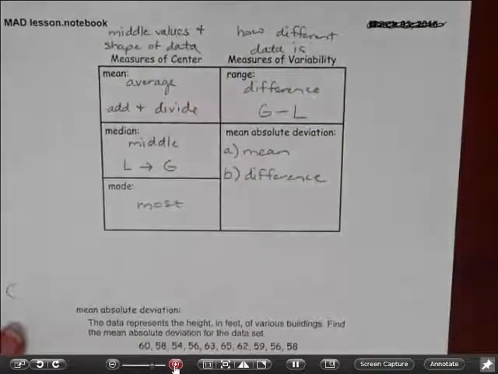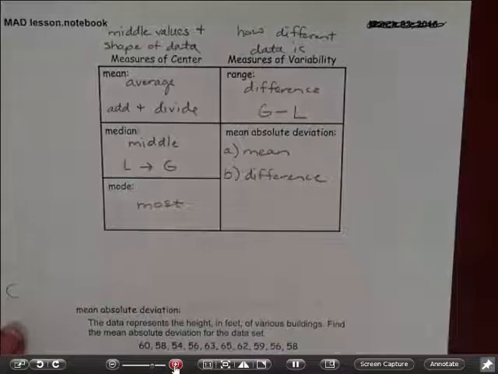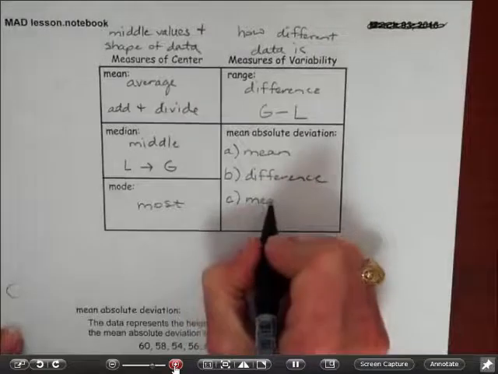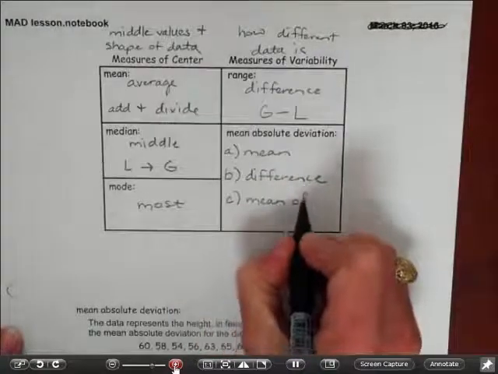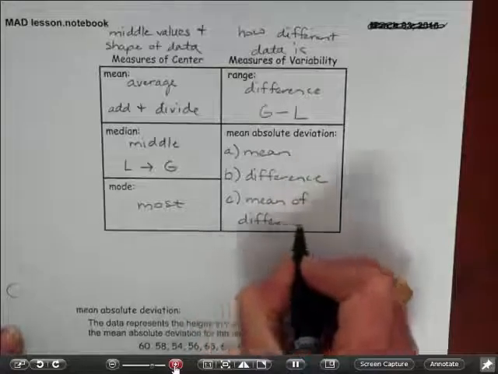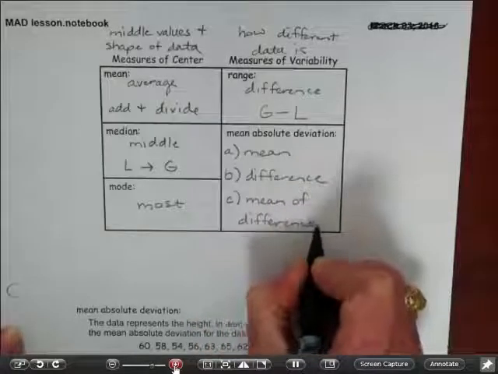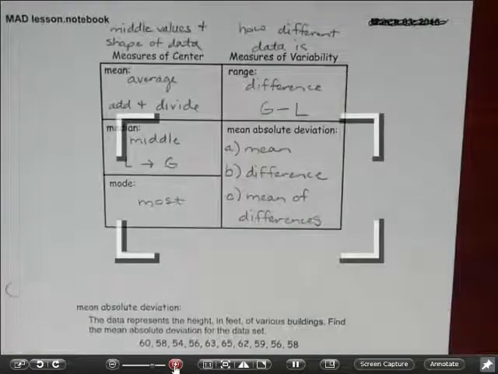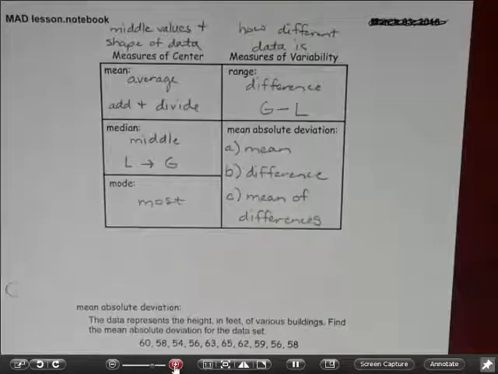And like I said, I'll explain it when we start actually looking at some data. But then step 3 is to do the mean of the differences. So we actually have to find the average 2 times in every problem that we work. Okay? And the way I remember it is I go mean, difference, mean. Mean, difference, mean. And if you'll kind of get those 3 steps in your head, that's going to help you with this.